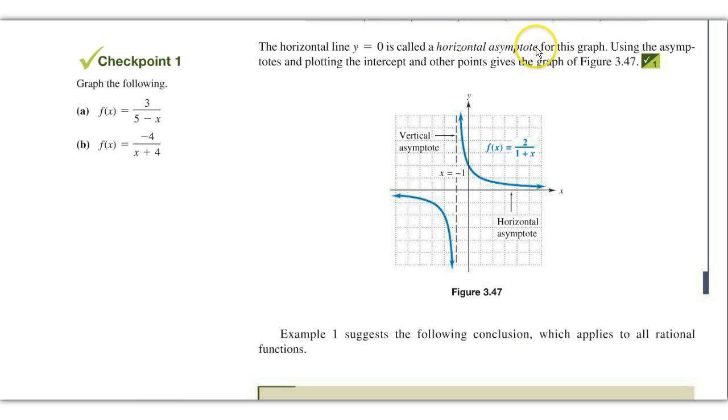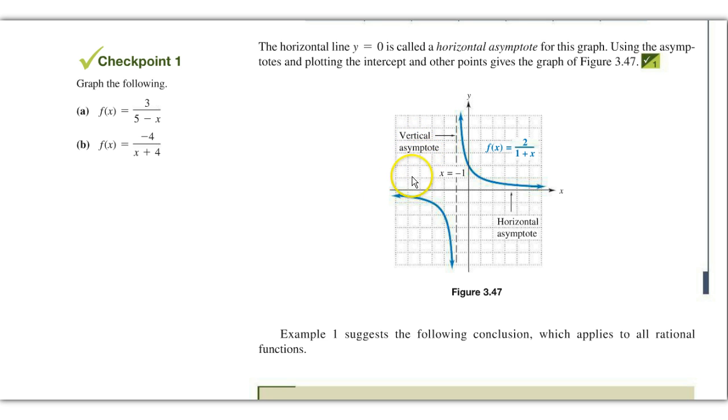And plotting some of these points above, we end up with a graph that looks like this. Now notice if we use a dotted line for x equals a negative 1, that is this line right here, that is our vertical asymptote.